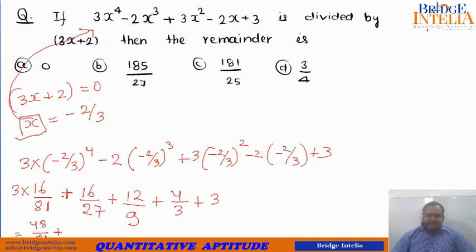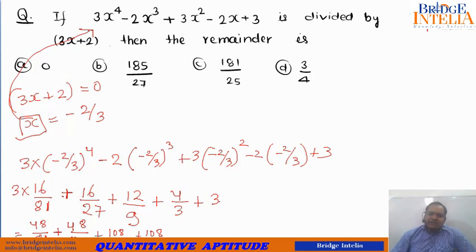Plus 16 by 27 can again be written as 48 by 81. Now 12 by 9 can be written as 108 by 81, multiplying both numerator and denominator by 9. Now this can be written as 108 by 81, multiplying both numerator and denominator by 27.